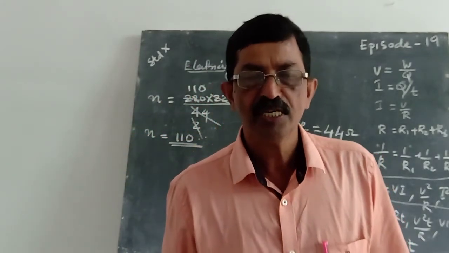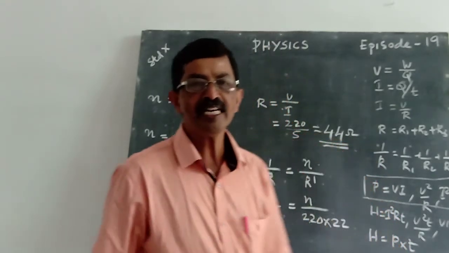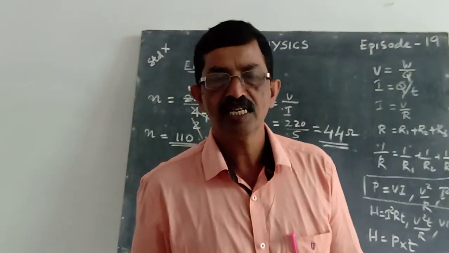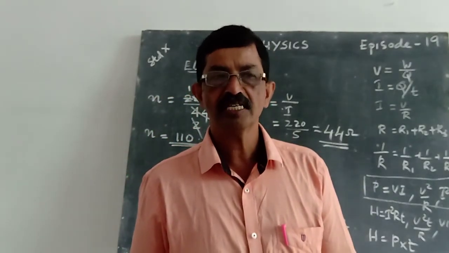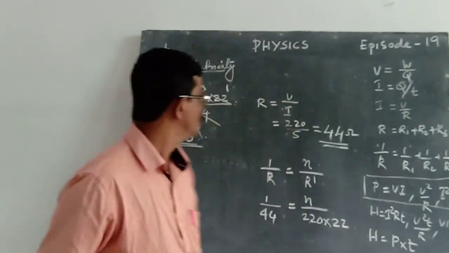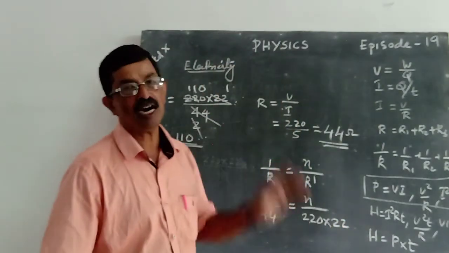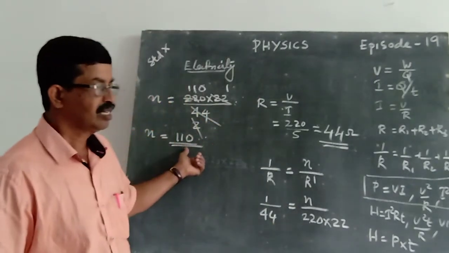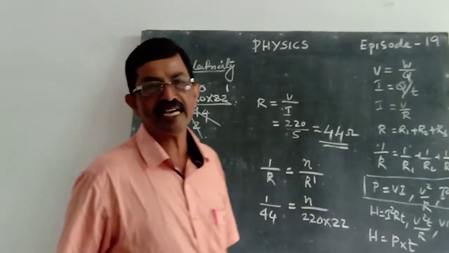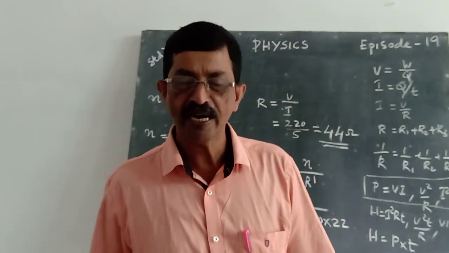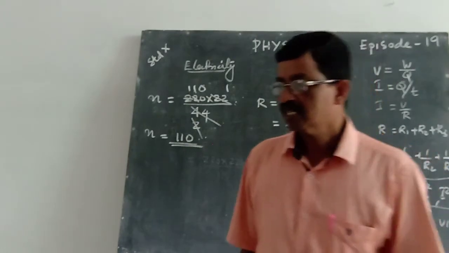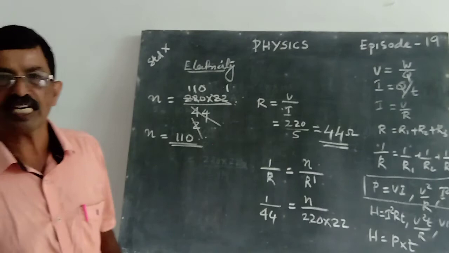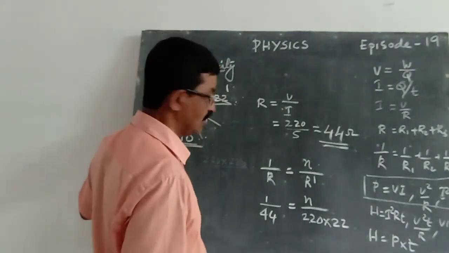It means we want to connect 110 10 watt bulbs in parallel to the circuit, so that the current through the circuit is how much? 5 ampere. So 110 10 watt bulbs in parallel to get the current in the circuit as 5 ampere.